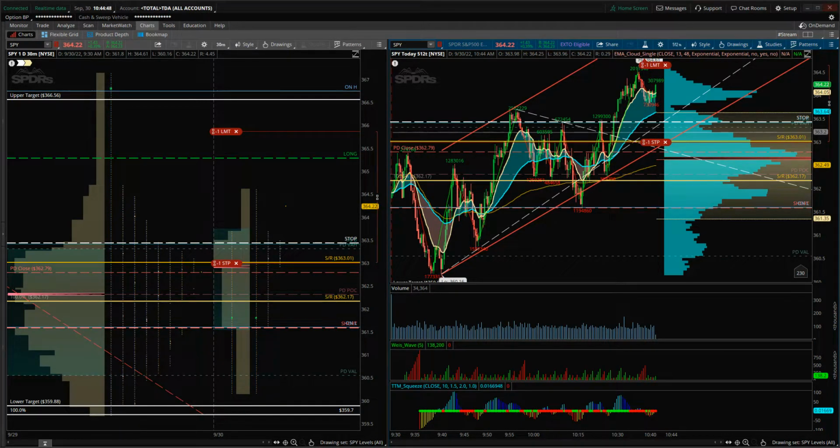The fact that the gap's kind of maintained itself. Oh, that might have been the resistance we wanted to sell on. Yeah. Oops. There's a nice little spike in volatility, too. Not done, though. Closed up high.